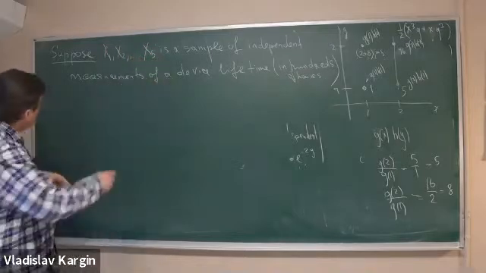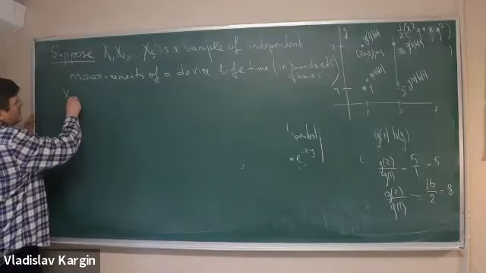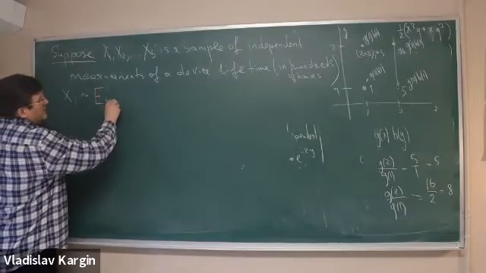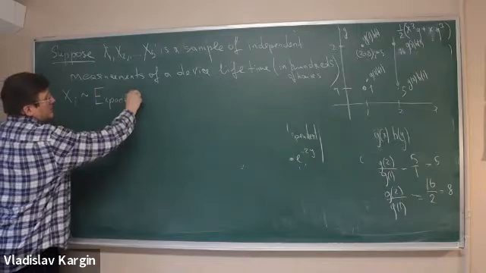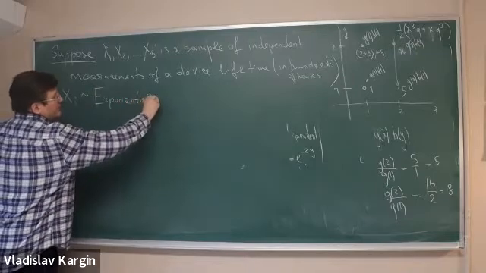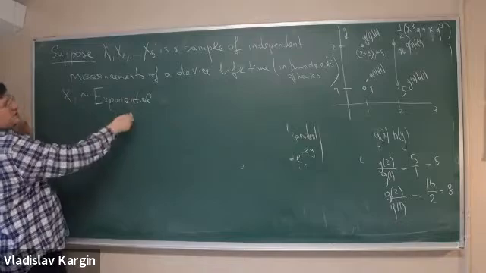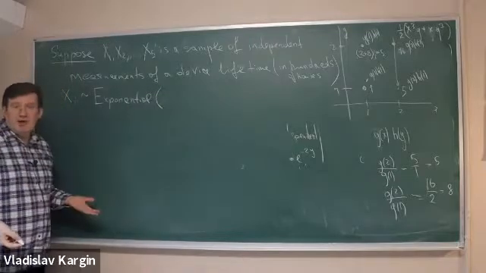So xi is distributed according to an exponential distribution, and you also need a parameter.